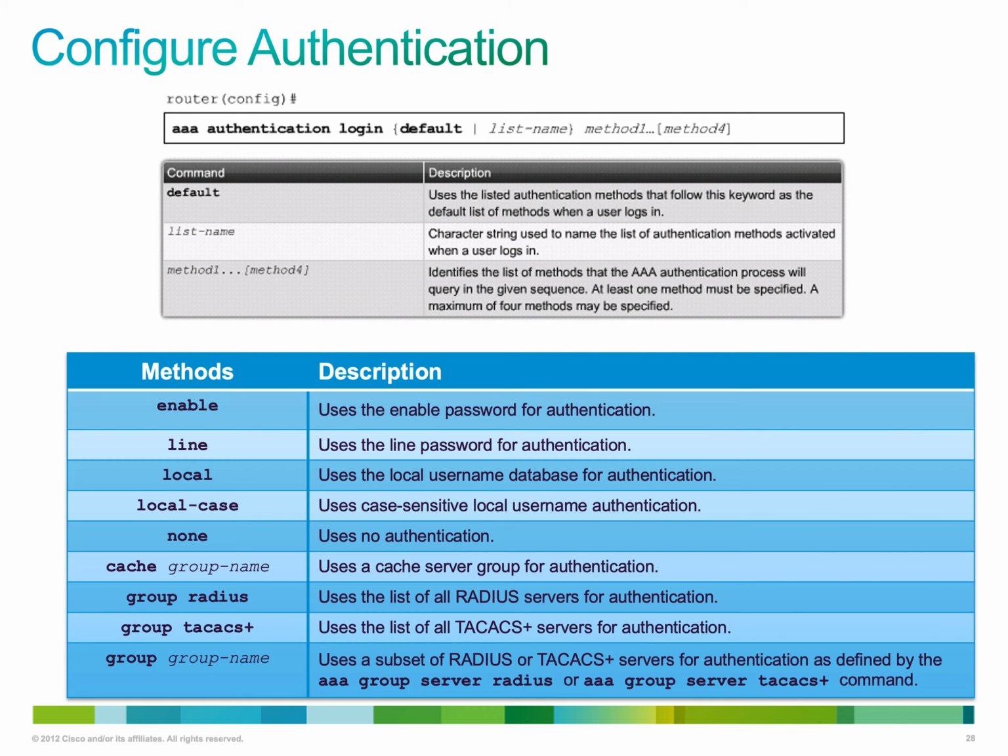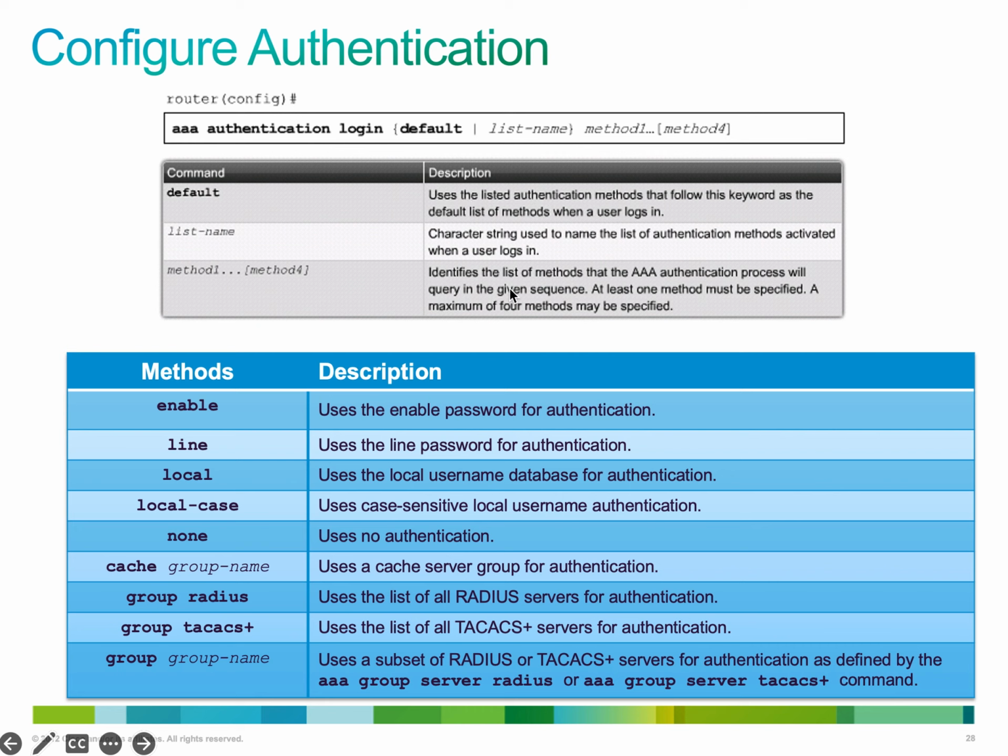Name list is the character string used to name the list of authentication methods activated when a user logs in. Method 1 to 4 identifies the list of methods that the AAA authentication process will query in the given sequence. At least one method must be specified.